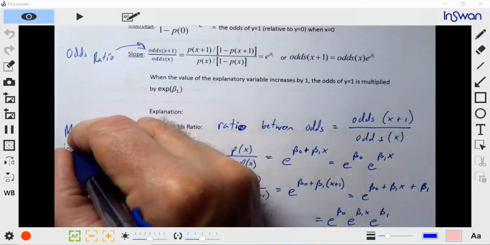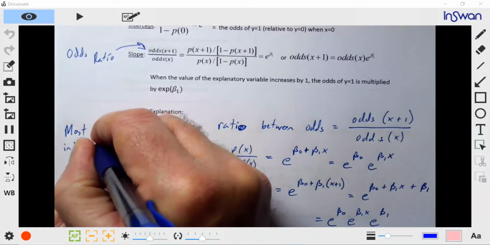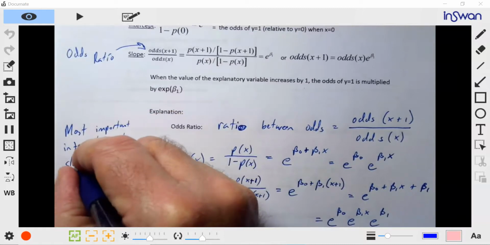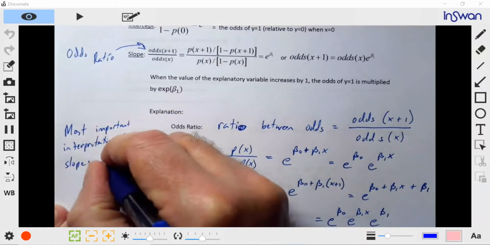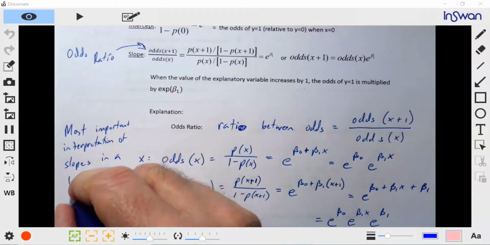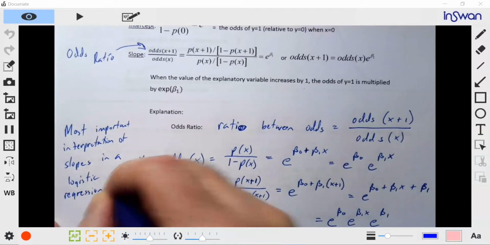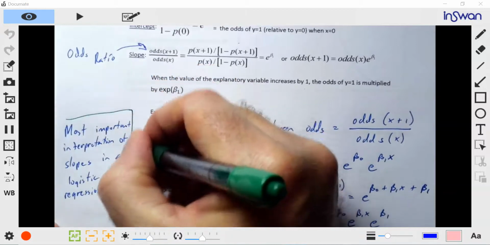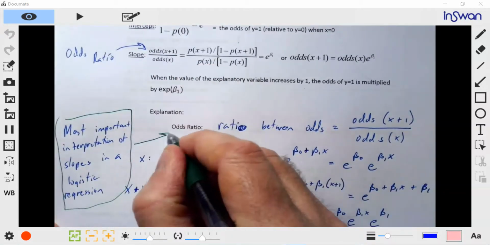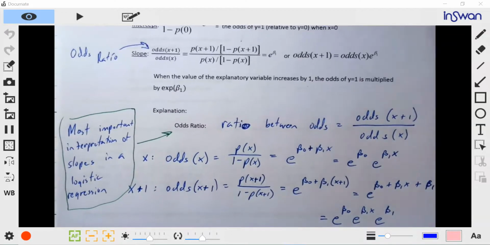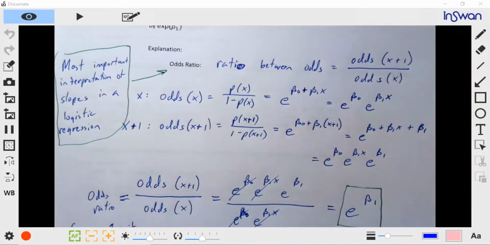So this is the most important interpretation of slopes in a logistic regression. I'm going to highlight this. This is the most important interpretation of slopes in a logistic regression, is the odds ratio. Okay. And we'll see that a lot.